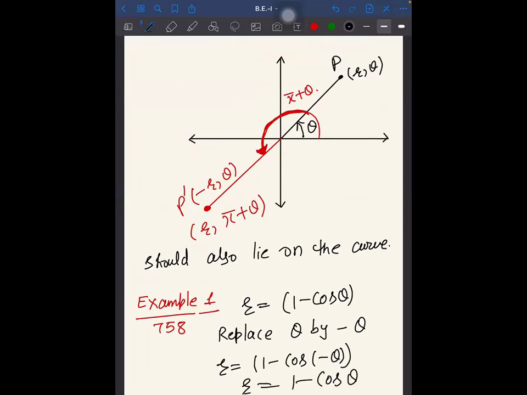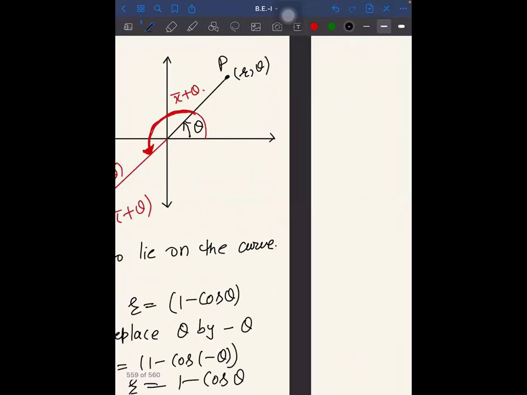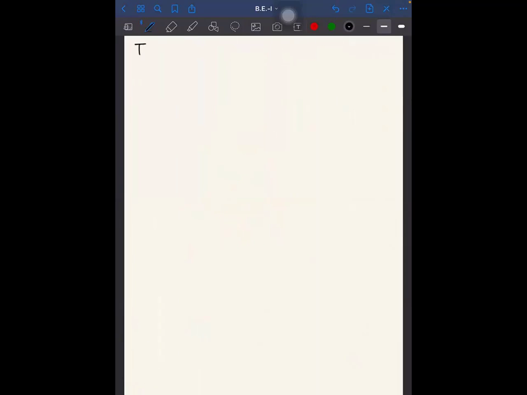That means making theta to minus theta doesn't make any difference. So of course, yes, this is symmetric about the x-axis, right?